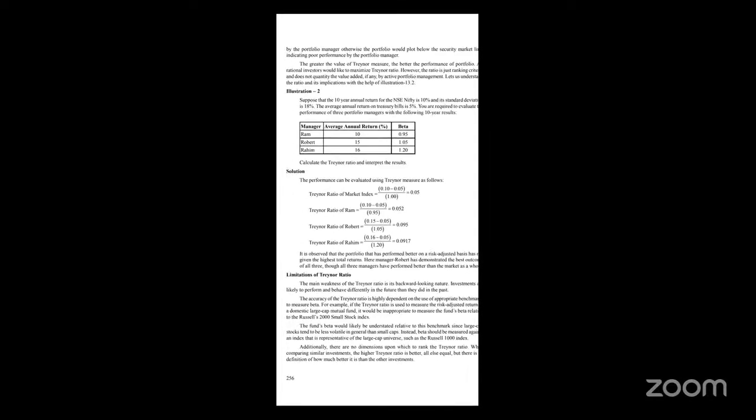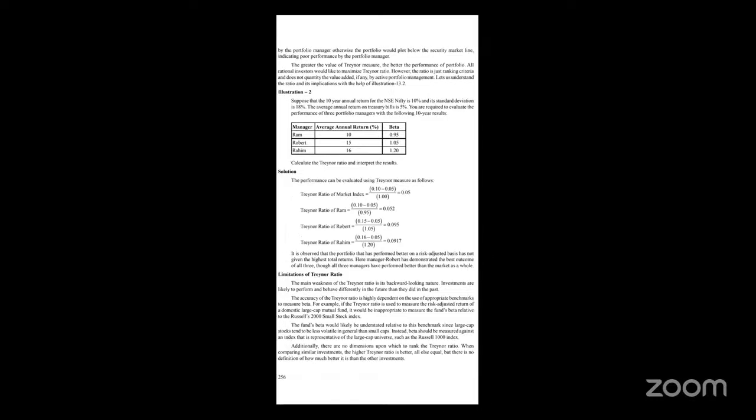Similarly, we apply the same formula for Ram, Robert, and Rahim. With these values, we'll be getting 0.05 to 0.095, 0.095. So if you observe, the portfolio which performed better on a risk-adjusted basis has not given the highest total return.